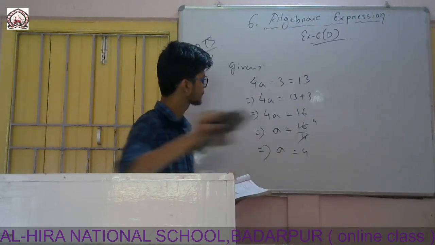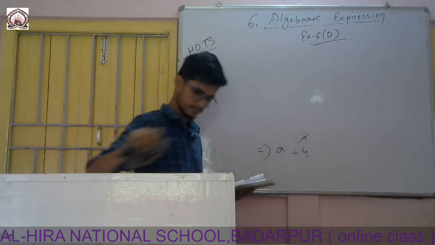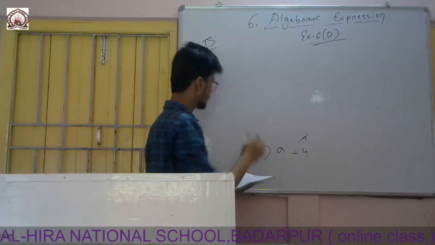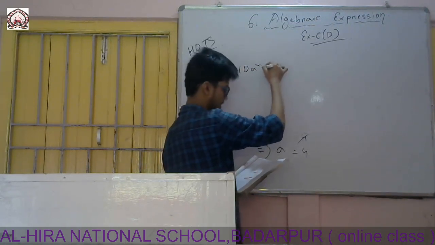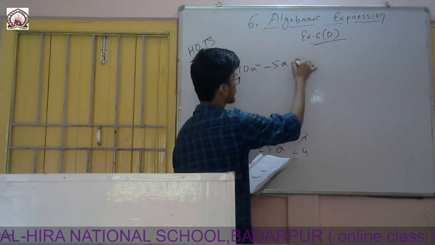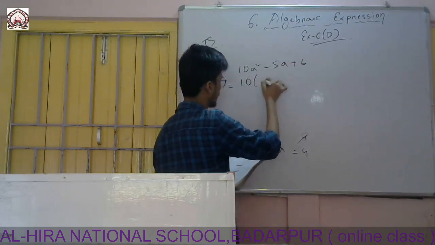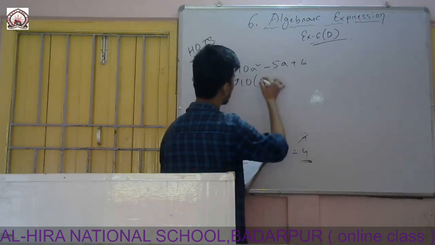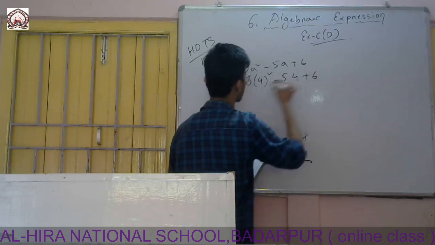So you write, you have to find the value of this one, 10a square minus 5a plus 6. So in place of a square I will put the value 4 square minus 5 into 4 plus 6.